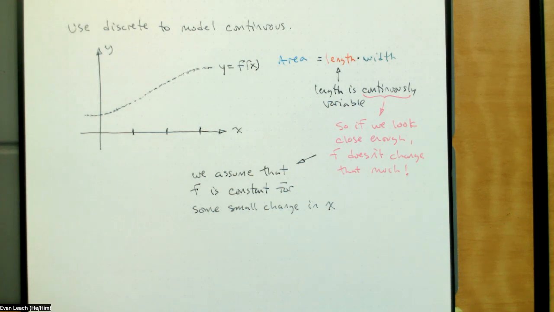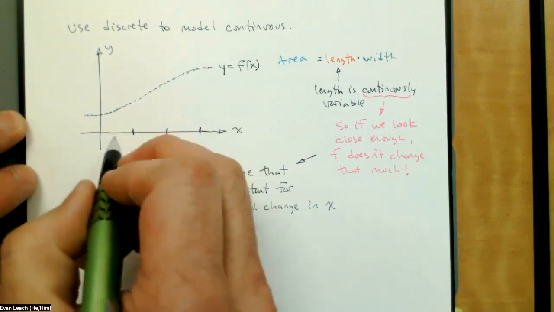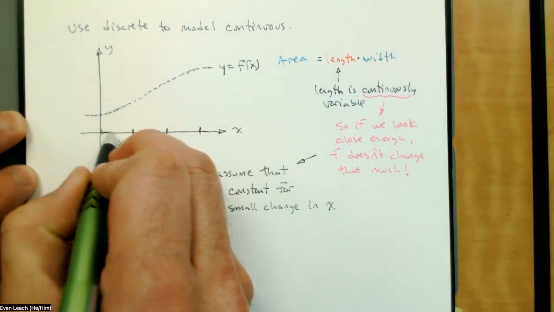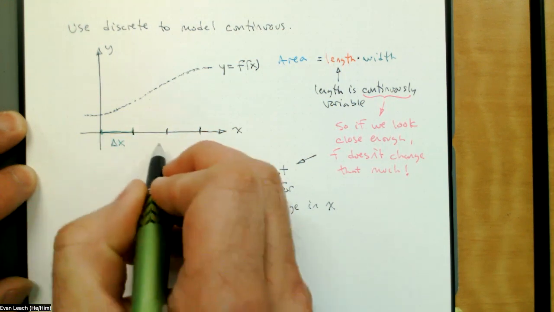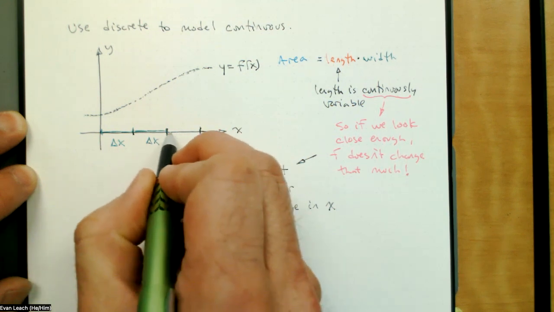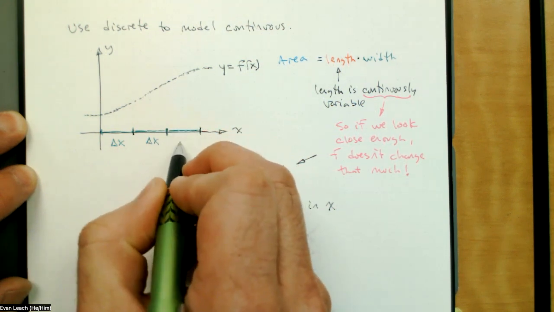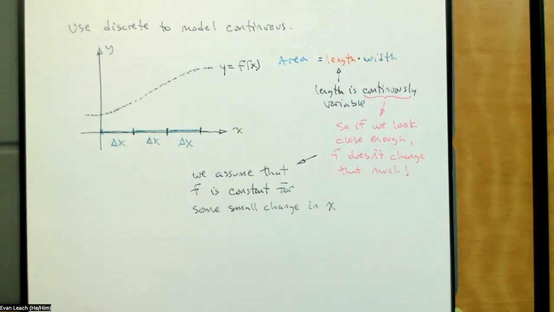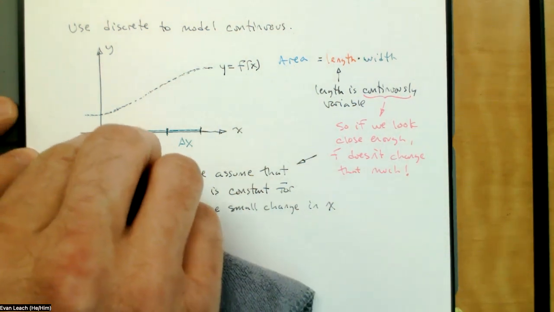Because I actually want to draw this, I'm going to use gigantic changes for x. Here's a delta x, some small change in x. Here's some other small change in x. I know it looks gigantic, but remember, we're looking very close.